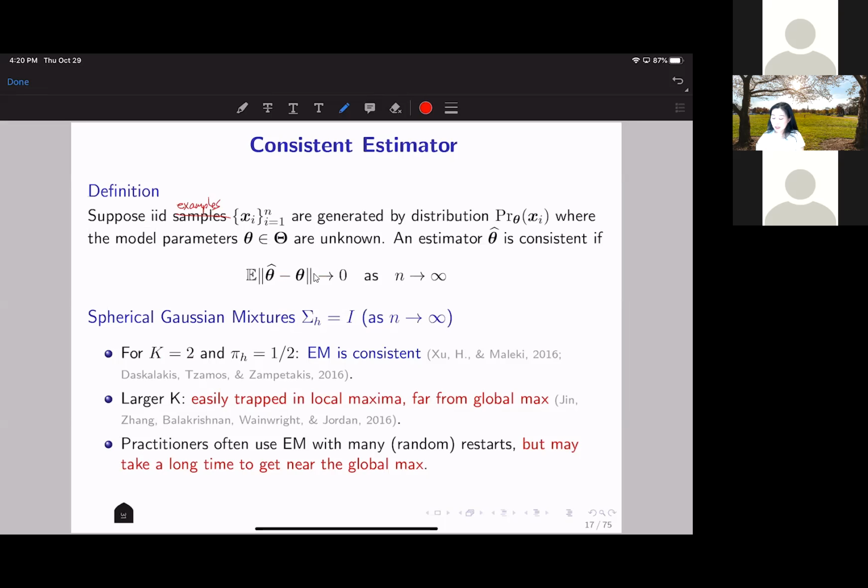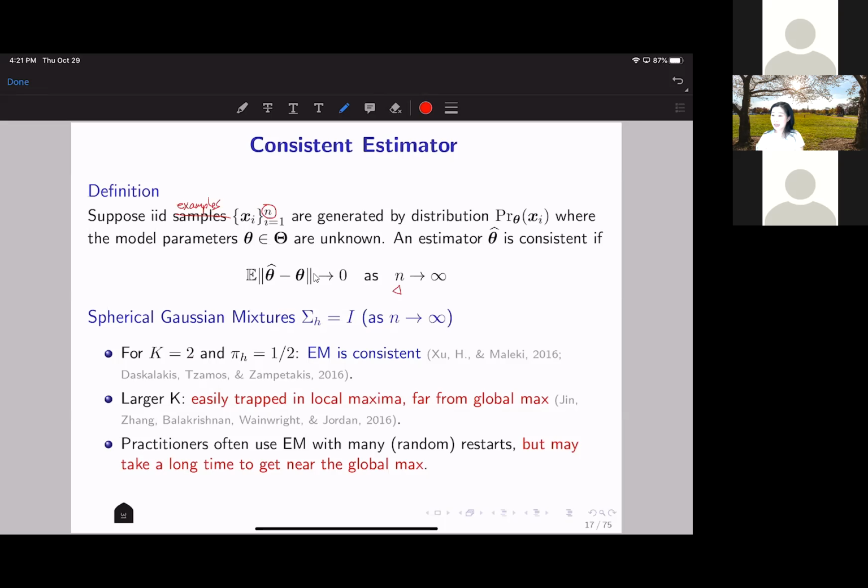Now an estimator theta hat is consistent if, in expectation, theta hat and the underlying theta are close, so the difference measured in terms of norm is 0, of course when you have enough examples. So this is a consistent estimator.